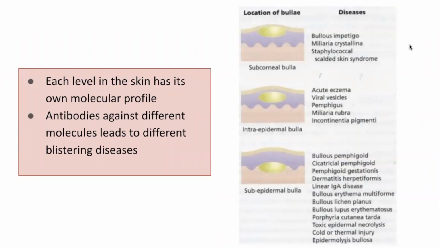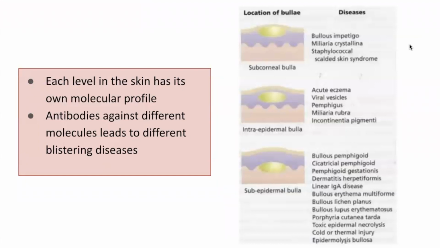As you can see here on the image on the right-hand side, there is a different differential diagnosis according to the split, whether it is subcorneal, intraepidermal, or subepidermal. In this video series, we will go through each of these differential diagnoses and how to make their diagnosis and how to do their workup and approach.